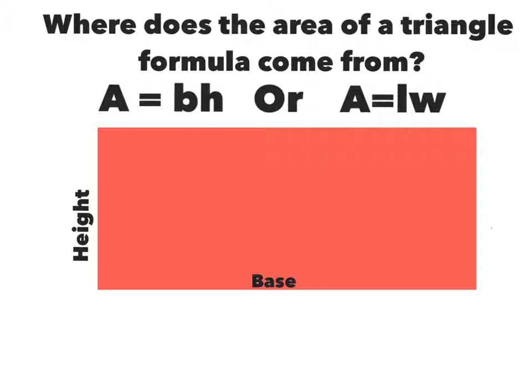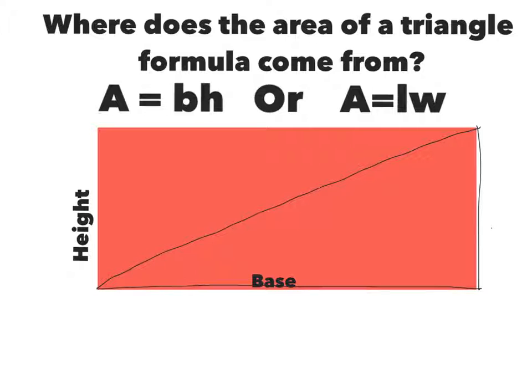So we have our base and our height. We need to look at how this is related to a triangle. Well, if I wanted to make a triangle out of this rectangle, we would need to create a diagonal line across from one side to the other. This is not a perfect line, and I understand that. But now you notice, if we do area equals base, so this is my base, times the height, that would give me an entire rectangle.